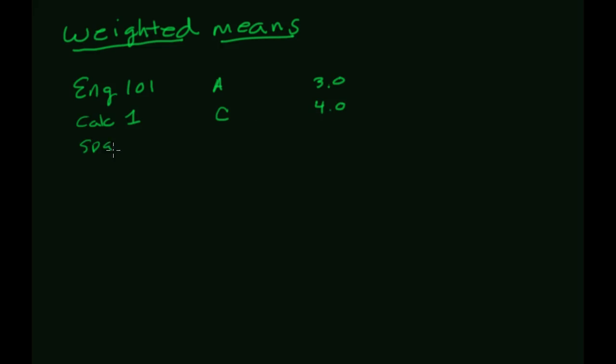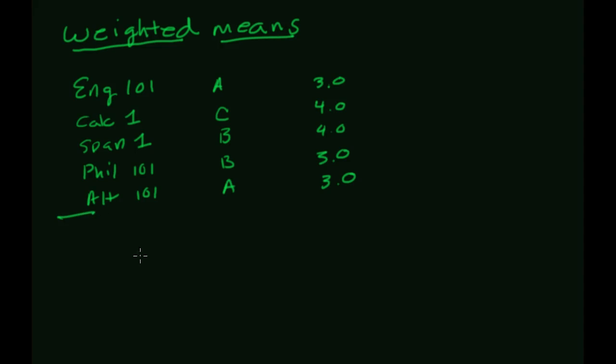They have Spanish 1, and they got a B in that course, and that's a 4-credit course. A Philosophy 101 course, they got a B, and it's a 3-credit course. And an Art History 101 course, they got an A, and it's a 3-credit course. Okay, so that's the first semester for their year.